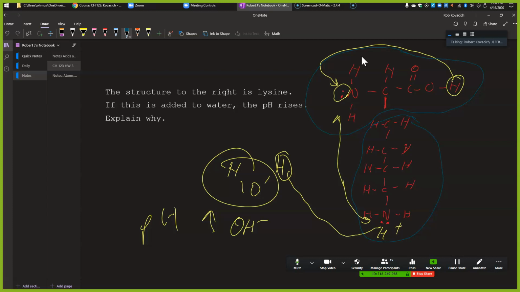So there's 20 amino acids, and we've got 20 different R groups. It can be as simple as just a hydrogen, and that would be glycine, or it could be complicated like a lysine or a glutamic acid or something like that, where there's a lot more to the side chain, or a proline, or a tyrosine.